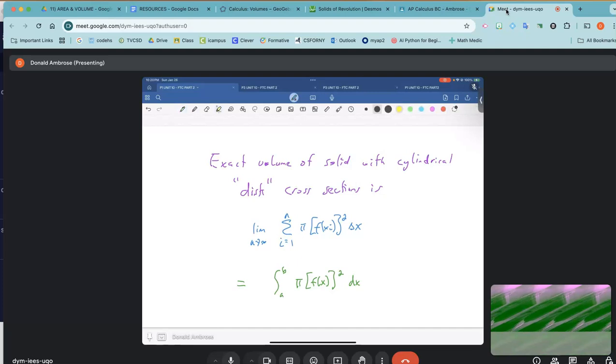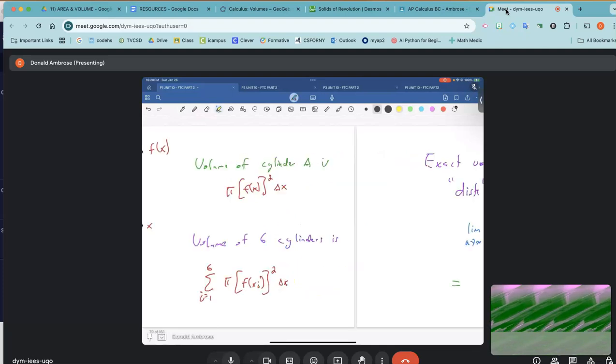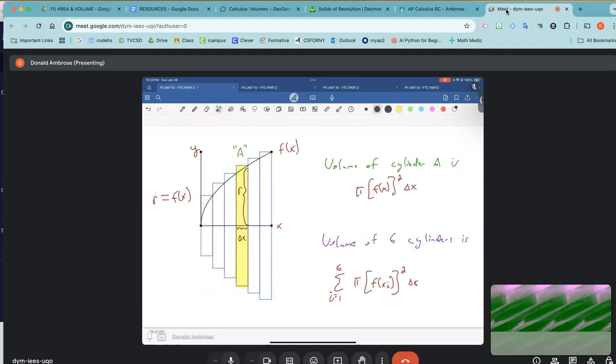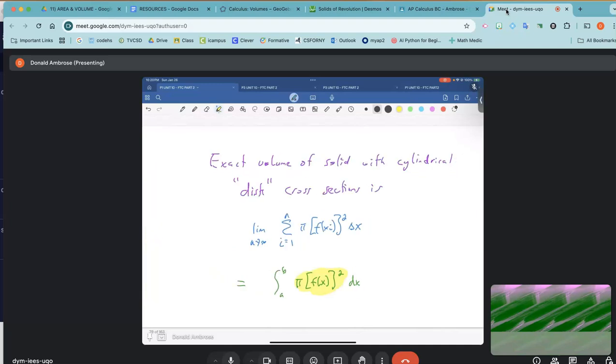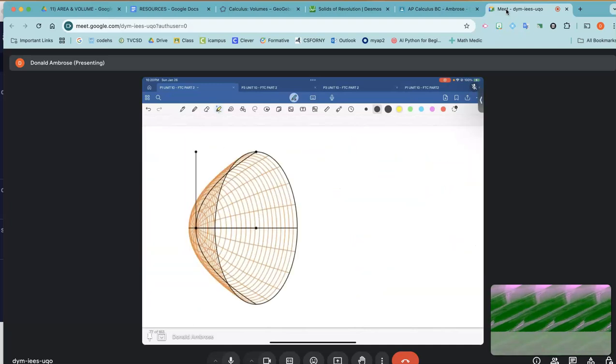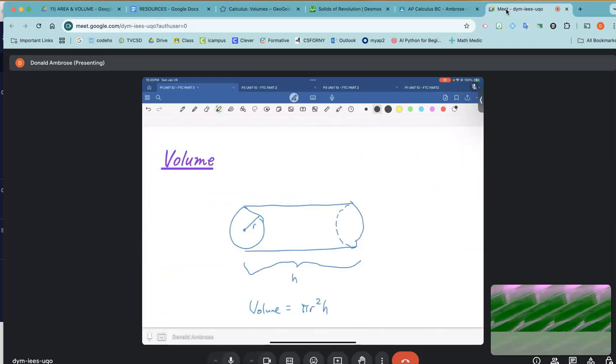And the one thing I'll highlight here is that the integrand is pi times f of x squared, where f of x is essentially the radius of each respective cylinder. So pi times the radius squared, hopefully you recognize that as just being the area of our circle, just like we had over here.